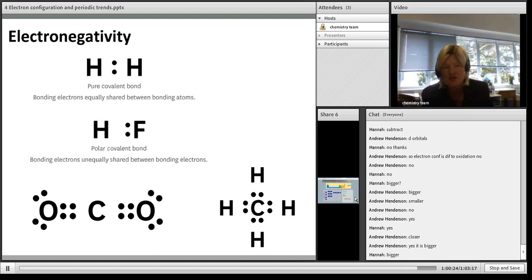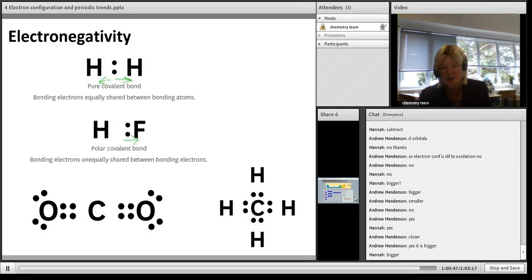Now this is just to show the electronegativity. What we're trying to show here is, because fluorine is more electronegative, it's holding those bonding electrons more closely to the fluorine. Hydrogen, because it's the same element in the bond, is going to share equally. This is just trying to bring in the next lesson.